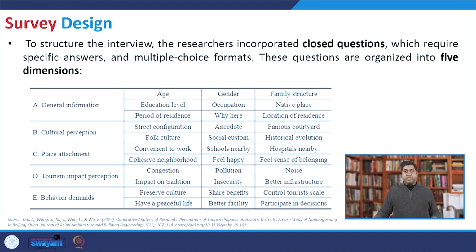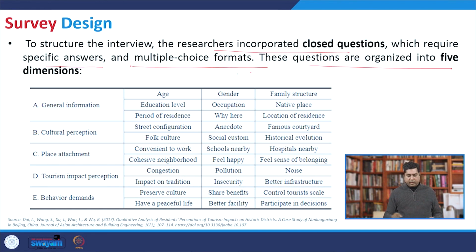Now, coming to the survey design, as I have already mentioned, the authors adopted a semi-open questionnaire. So, there were certain questions having an objective type answer, and then you have subjective answers as well. To structure the interview, the researcher incorporated closed questions which require a specific answer and multiple choice format.